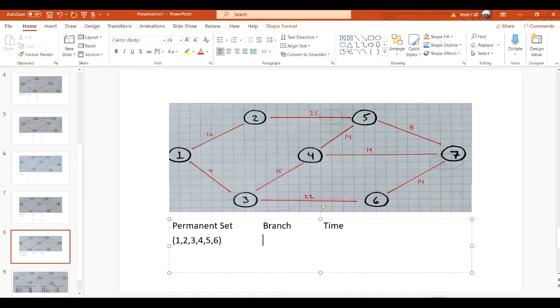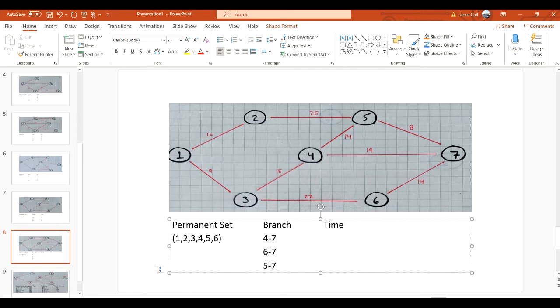We see branches 4, 7 haven't been covered. 6, 7 hasn't been covered. And branch 5, 7 hasn't been covered. So very simply, we add up our times.